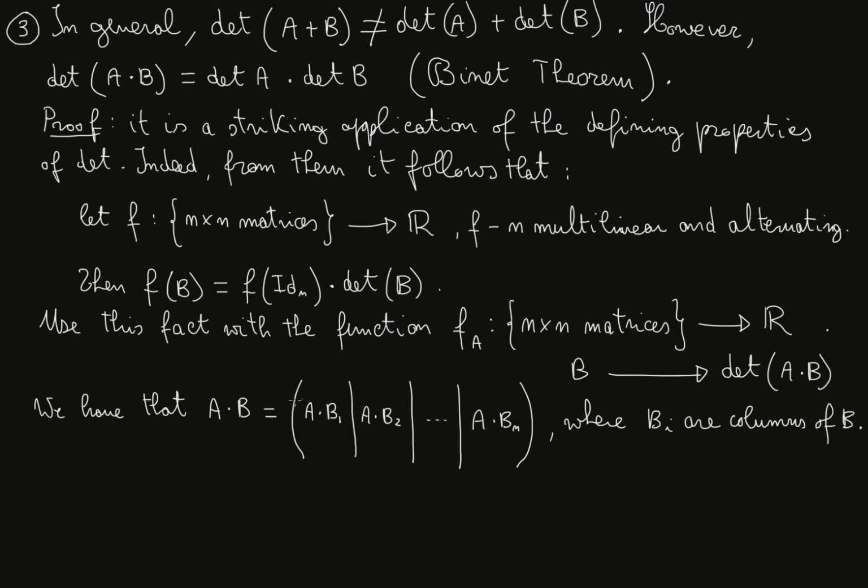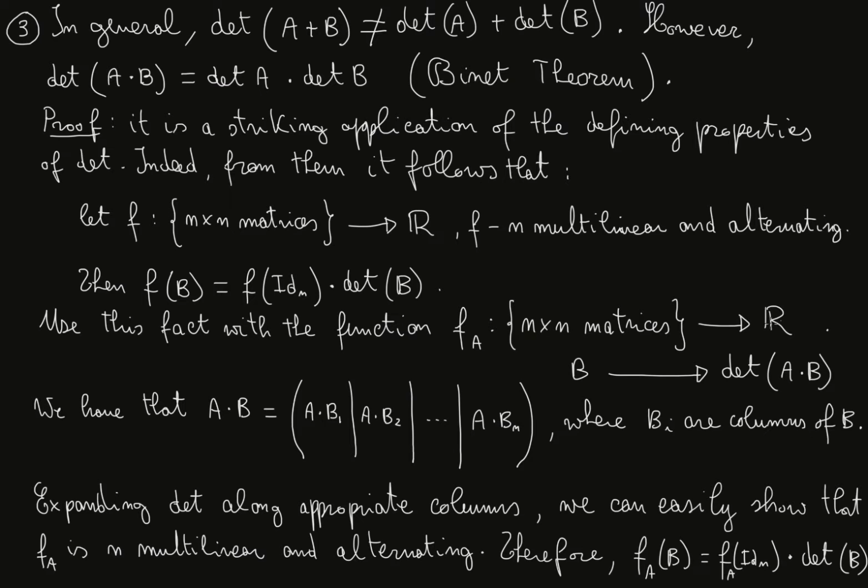Indeed, any column vector of A times B can be represented as a column vector of B multiplied on the left by the whole matrix A. So we have A times B with this block representation, where the b_i are column vectors of B. Now, expanding the determinant along the appropriate columns, we can easily show that f_A is n-multilinear and alternating.